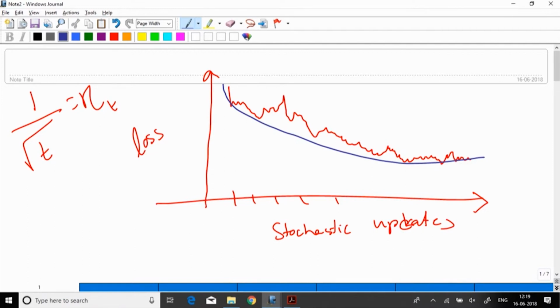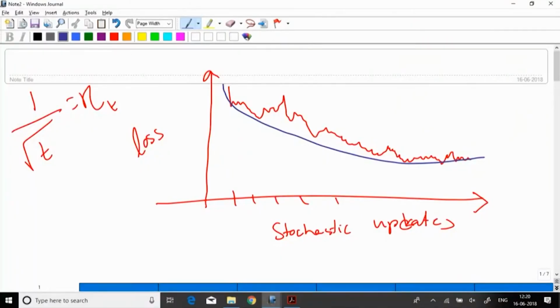But you will not be able to tell. Why will you not be able to tell? Let me tell you that, so long as you choose the data points randomly, a typical run would look like the red curve that I just showed you.